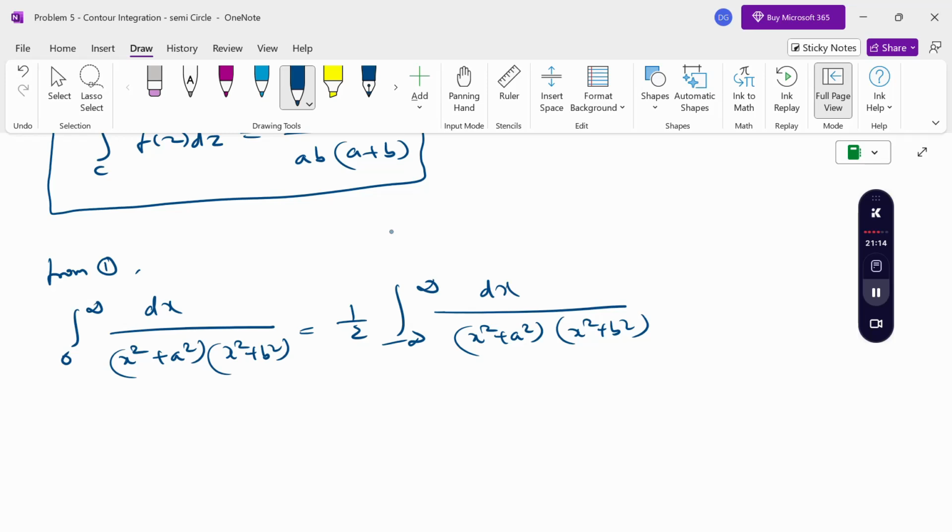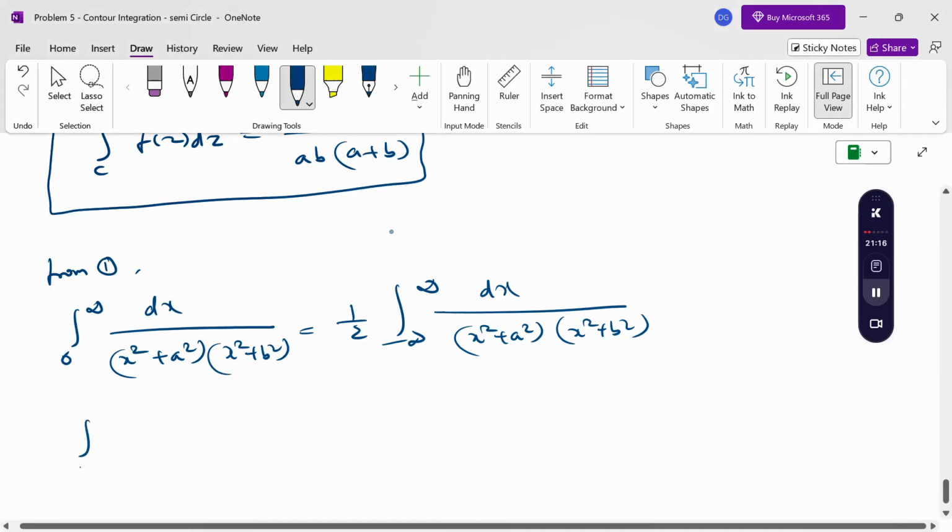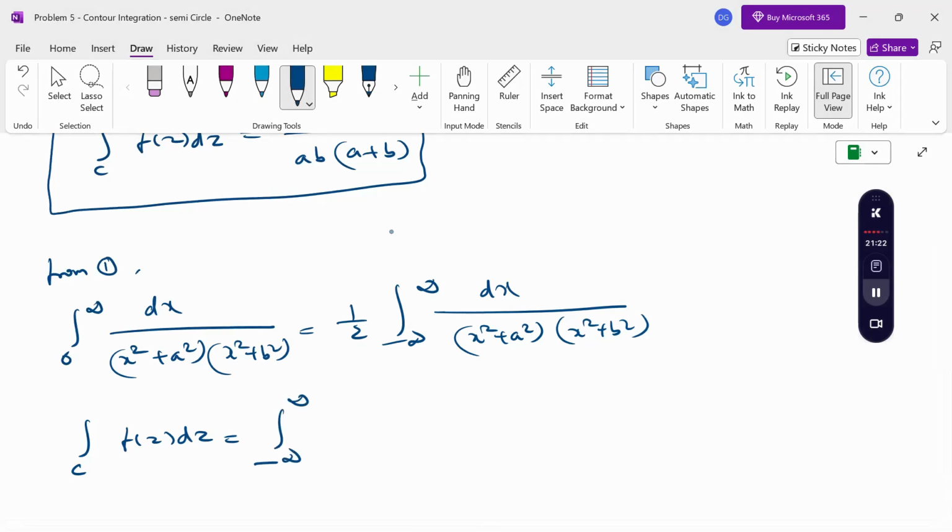Integral over C of f of z dz is the integral from minus R to plus R of f of x dx, x is a real number, plus the integral over the semicircle of f of z dz.